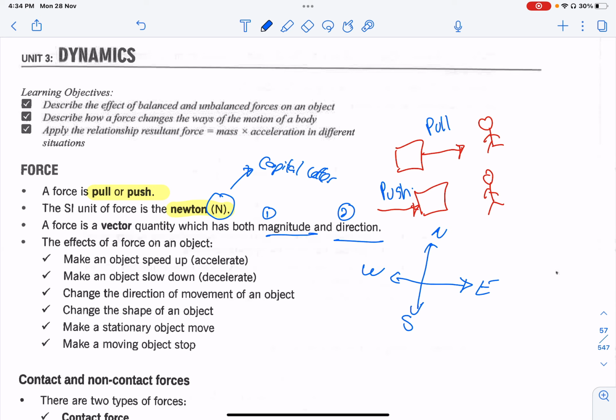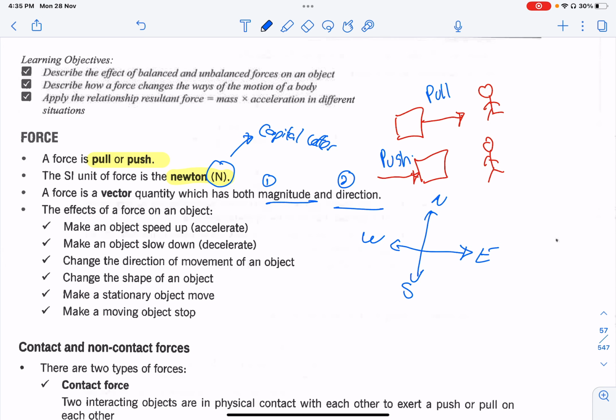But most of the time for force, if it's on a plane and it's a two-way direction, then forward will be a plus and backwards will be a minus. Of course, if we do a vector diagram, which we will see later, we usually indicate the direction separately, usually as a compass direction like north-east.